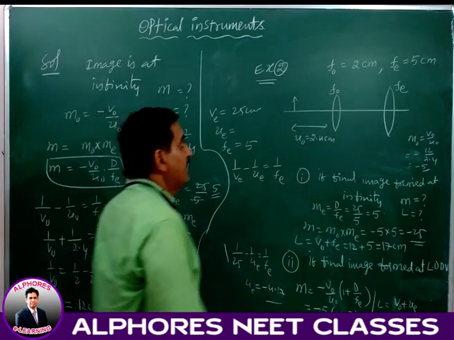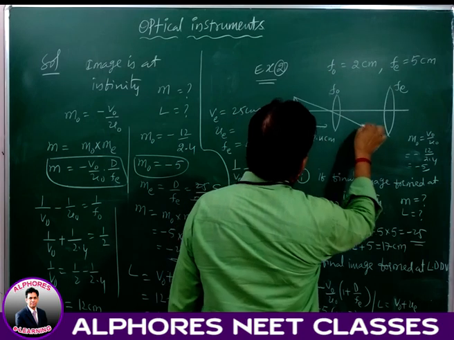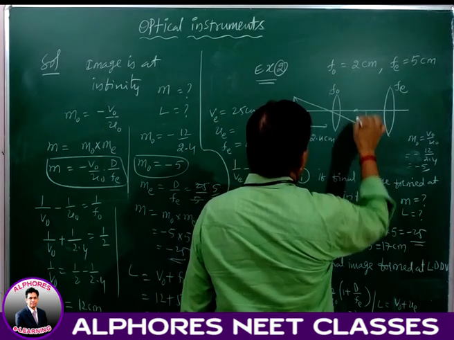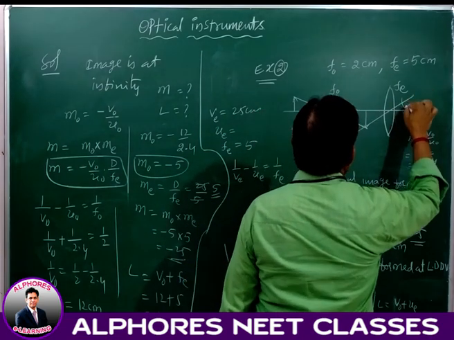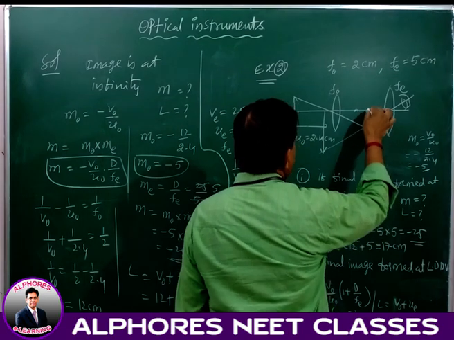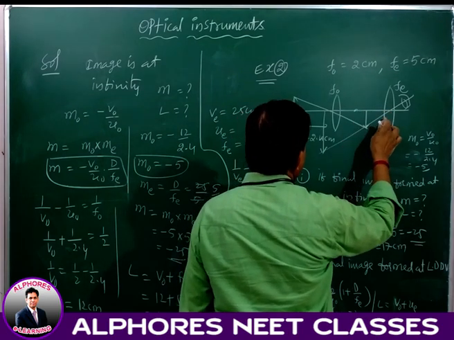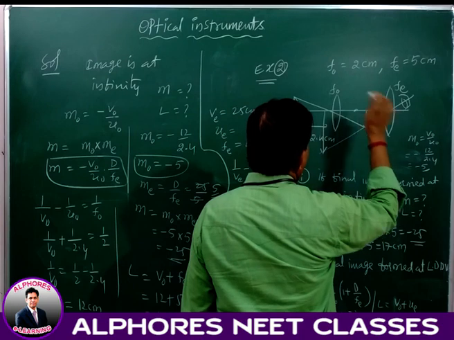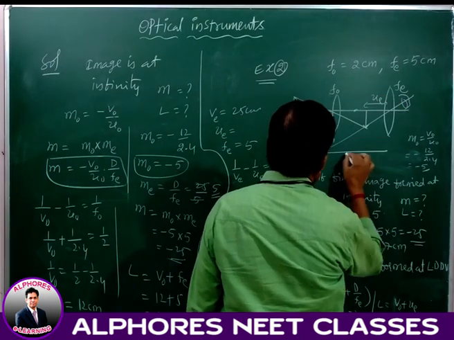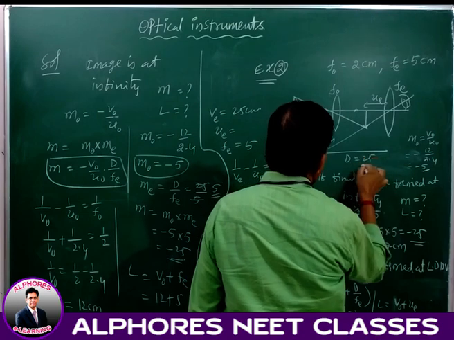This is the image formed by the objective lens, and it acts as the object for the eyepiece, which acts as a simple microscope. This is ue, and this is D equal to 25 centimeters.